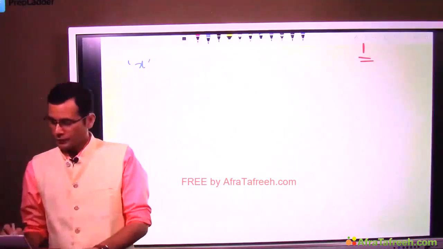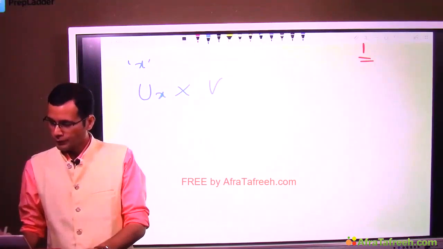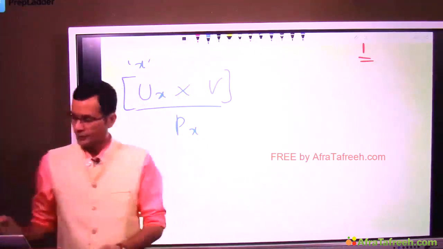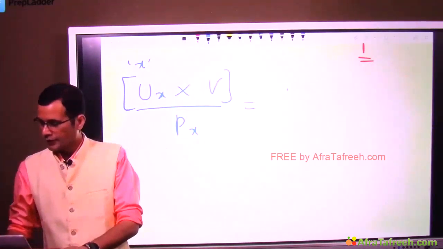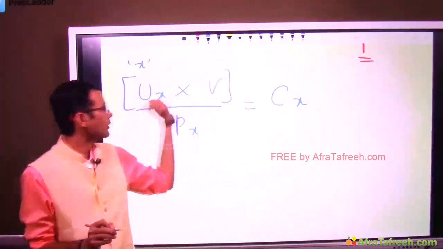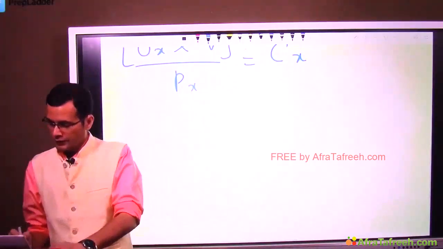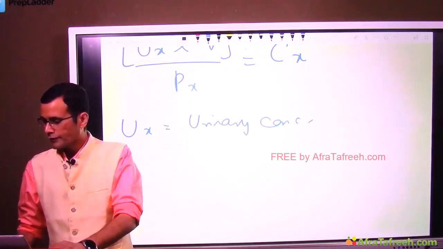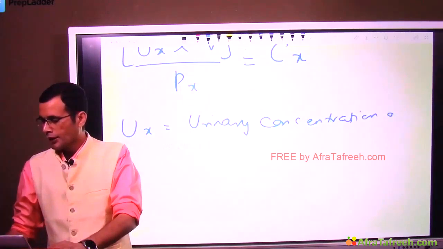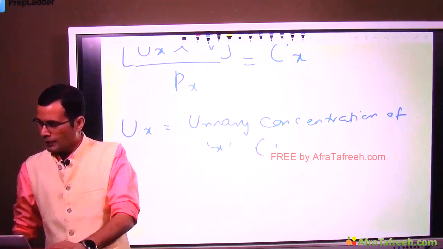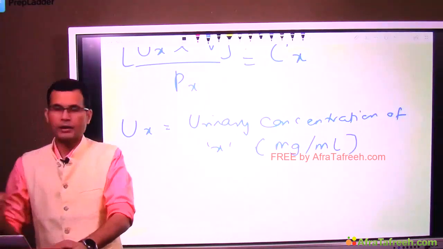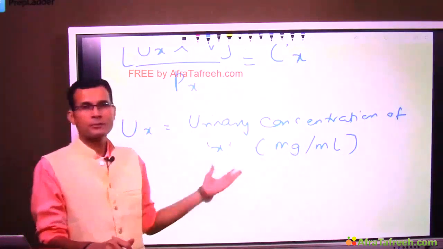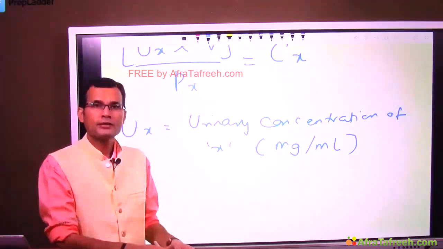Let's say this substance is X. The equation is Ux into V upon Px, where, well, let's write it here. Clearance of a substance X is equal to this. In this, Ux is urinary concentration of X in milligram per ml. That is, in every 1 ml of urine, how much substance? That's Ux.